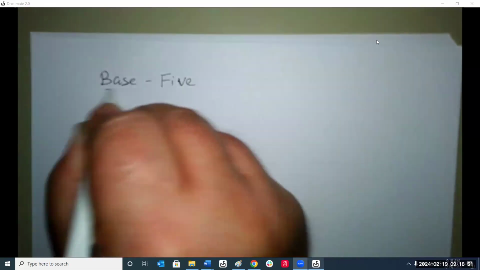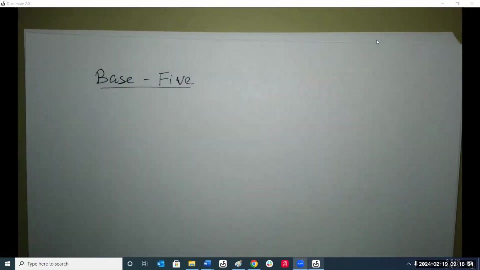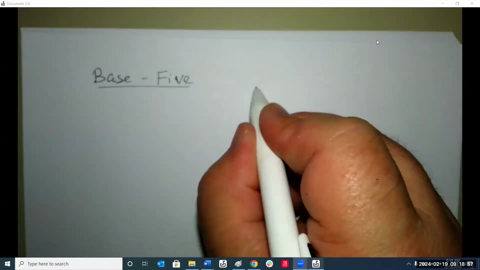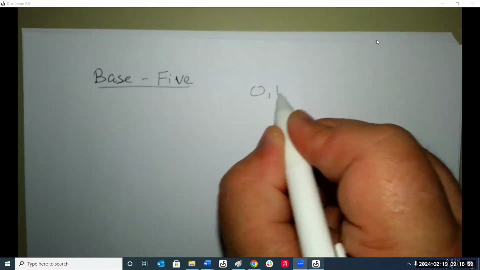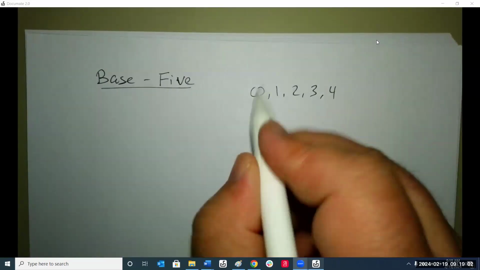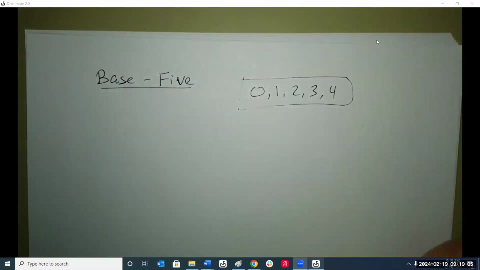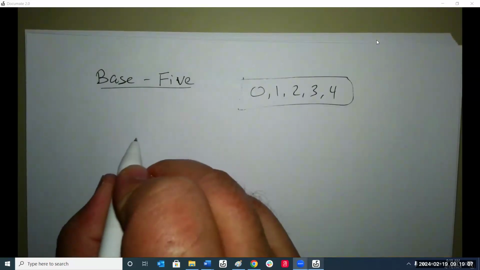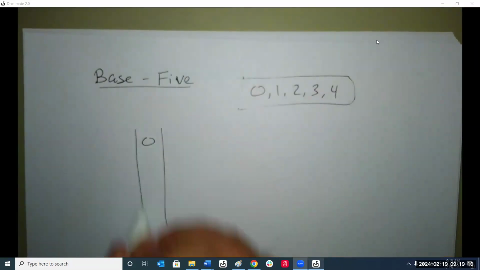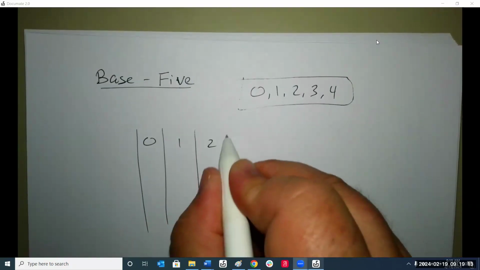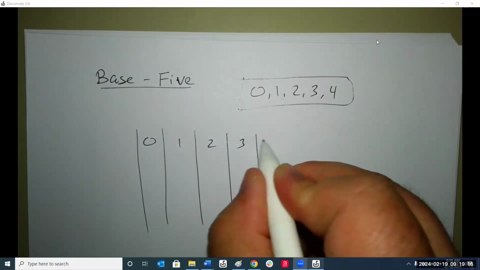What if we had a base system, not base 10? What if we had a base 5 system? Or a base, well, we do have a base 2 system. That's called binary. So in a base 5 system, we have numbers 0, 1, 2, 3, 4. These are the only numbers we can use. So we have 0, 1, 2, 3, 4.